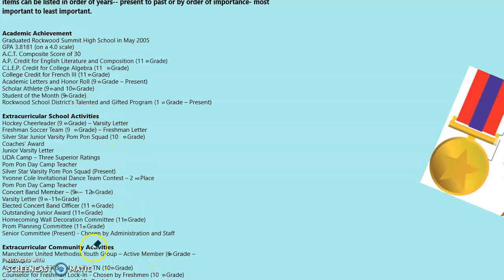These headings you can change to anything that you would like. You can have this be hobbies. You can have it be dance experiences. You can have it be FFA experiences. You can have it be church experiences. I don't care what you do. You get to categorize those based on what you actually have.